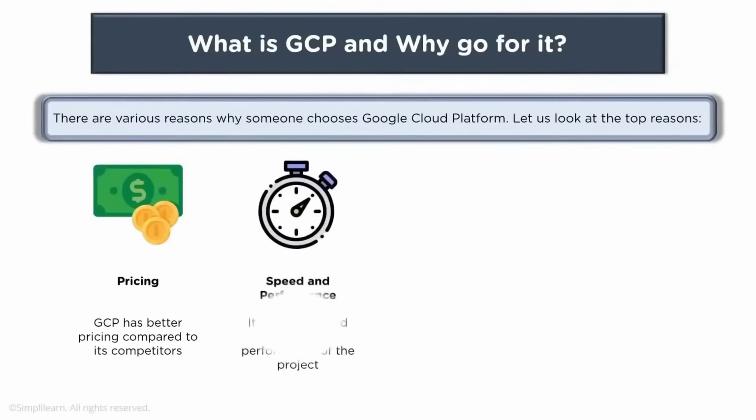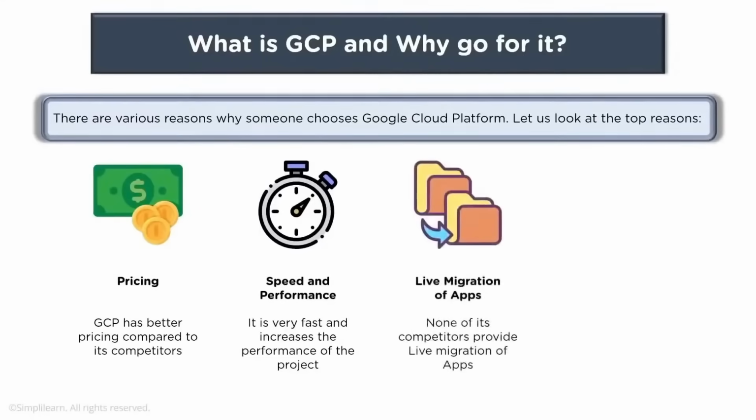When you talk about speed and performance, it's very fast and increases the performance of your project if you use different services offered by Google. When you talk about live migration of apps, this is one of the features which organizations usually like, which none of the other competitors are offering. So there are specific features.